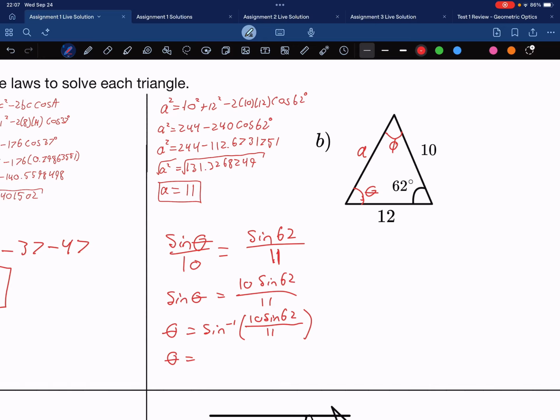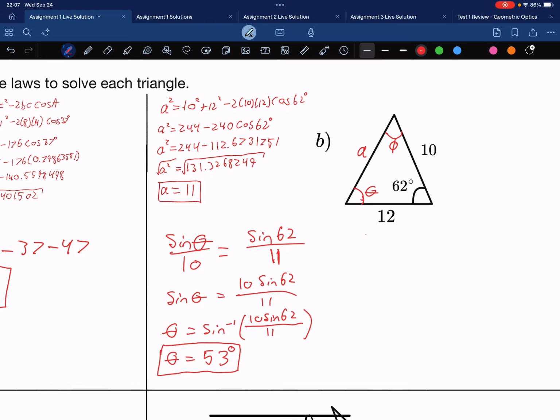And this will give us about 53. It's actually 53 point stuff, but it rounds down. And again, you could do 180 minus 62 minus 53.